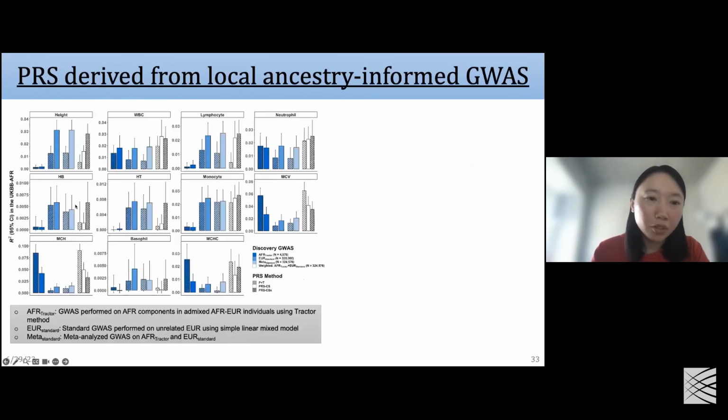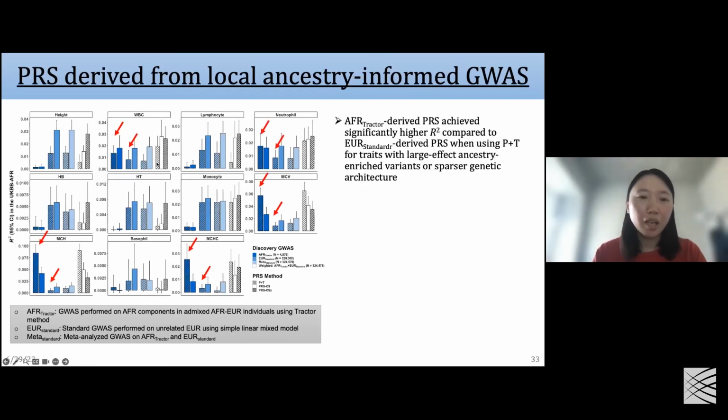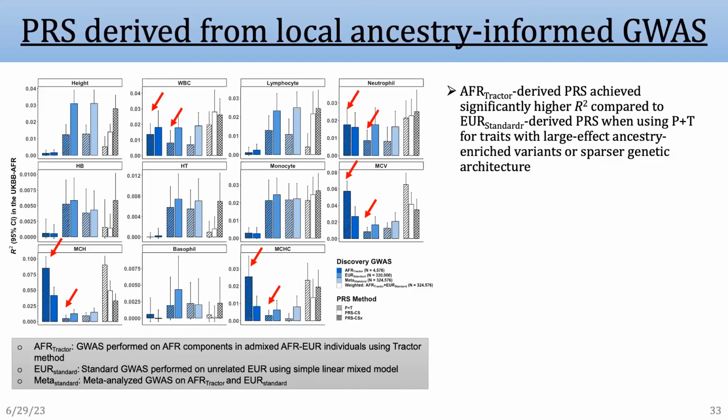So here is the figure extended to other traits, and we found African tractor, even with much smaller sample sizes, provides actually comparable or even better accuracy when compared to the European GWAS, which now has a sample size of 320,000.